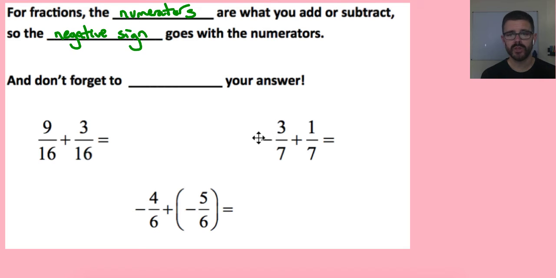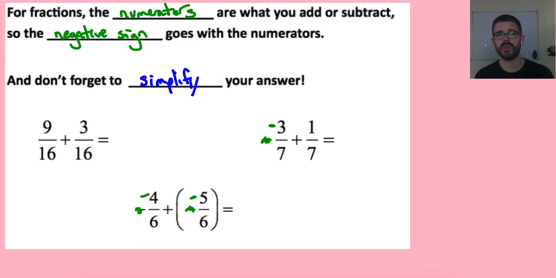For instance, with this negative here, I'm going to think of it as the 3 is a negative, or here the 4 and the 5 are really the negative, because it's the numerators that are the parts that we actually add or subtract. And then don't forget to simplify your answers. It's a fraction problem. We always make sure our answers are in simplest form.